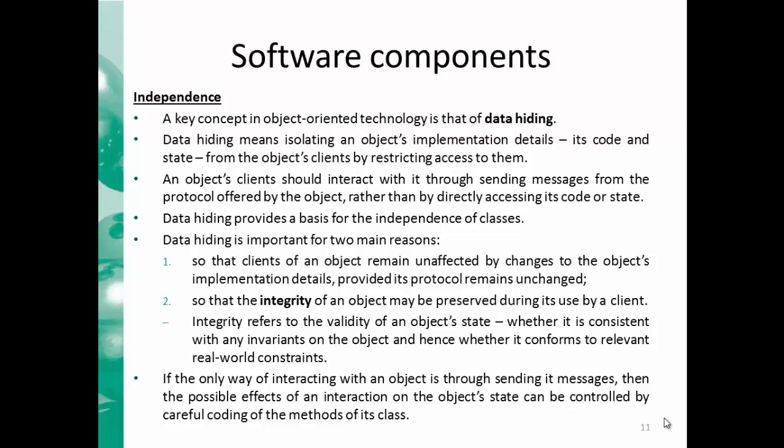Data hiding is important because, regarding a change in the implementation of the object, its protocol will remain the same. And for the client, even if the class implementation is changed, the client object will continue to use the same message and the same protocol.